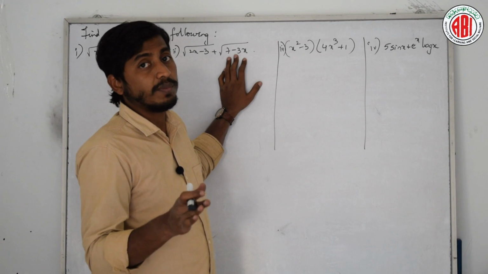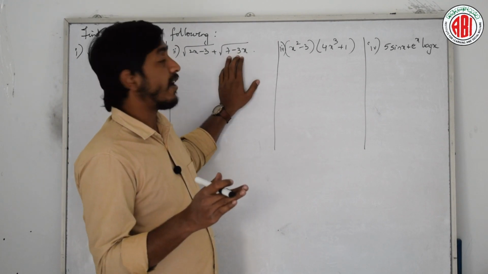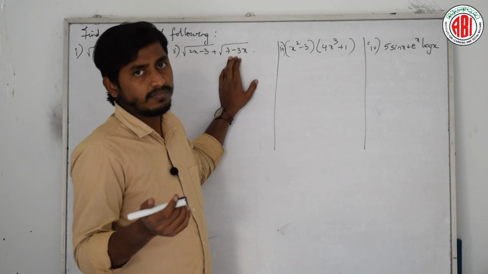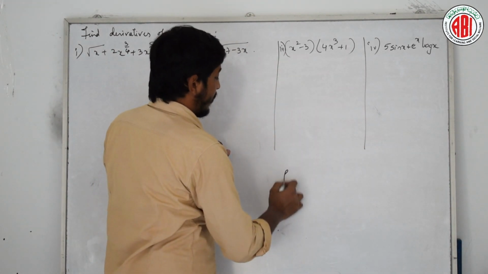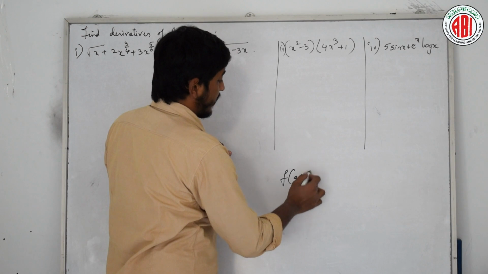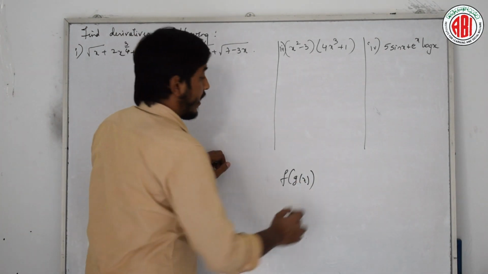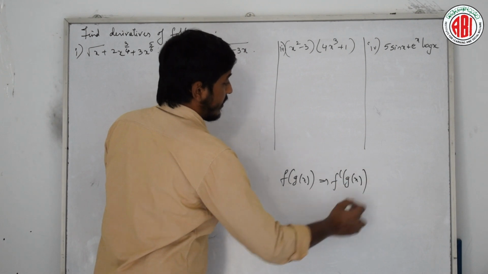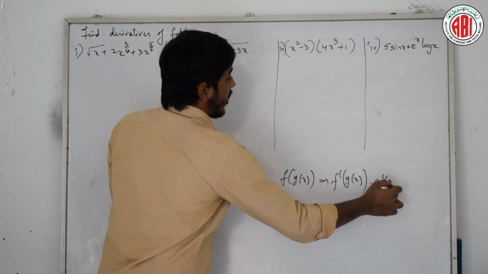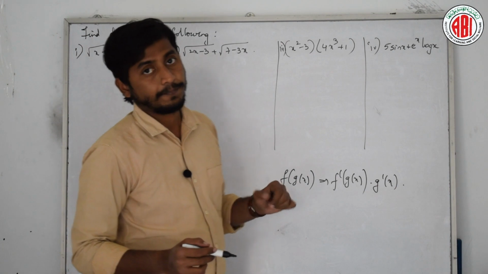And the next step is to differentiate this inner function again. Is it clear? Simply what I want to tell here is, if f is a function of g of x, then first differentiate f and put g of x as it is, then differentiate g of x. Is it clear?